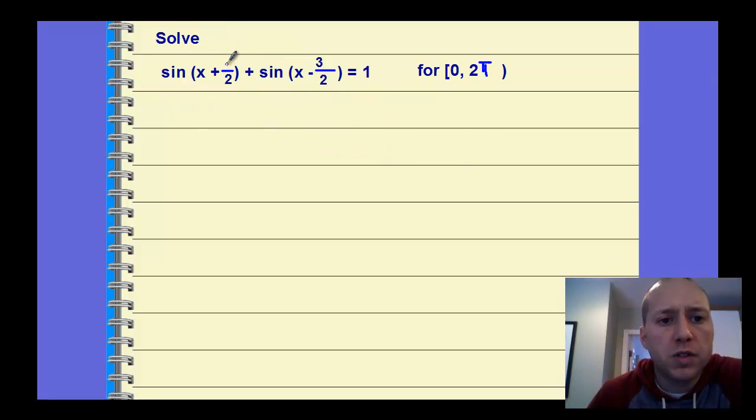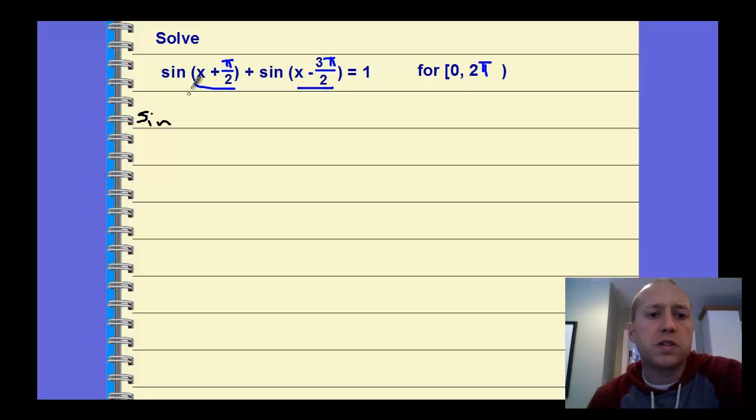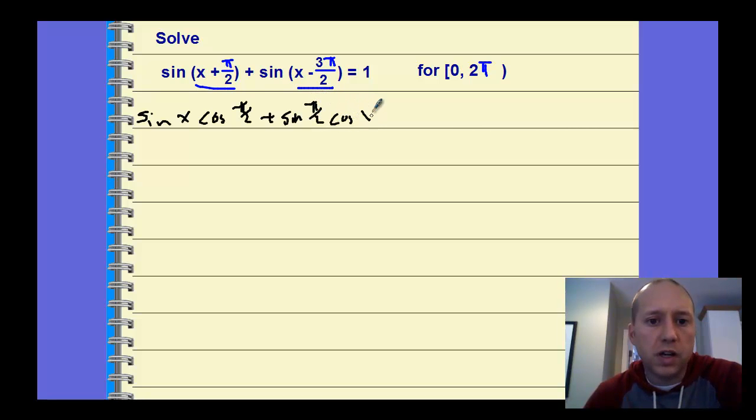So we can also use these formulas to help us solve. And so if we were going to solve this equation, you can see how we have a sum here and a difference here. So we have two of the formulas within one equation. So we need to expand. We can rewrite these using our formula. So sine x cosine pi halves plus sine pi halves cosine x.